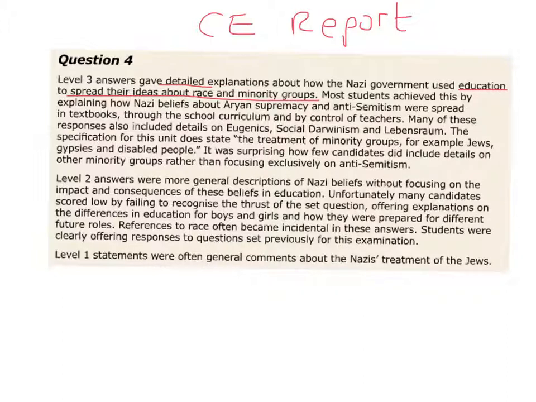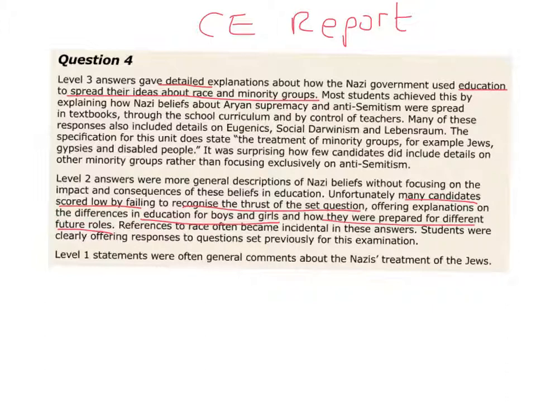Come back to that in a second. If you go down to level 2, it points out that many candidates scored low because they failed to recognise the thrust of the question, and all they did was talk about education for boys and girls and how they were prepared for different roles.